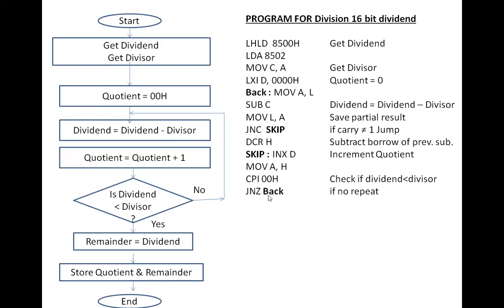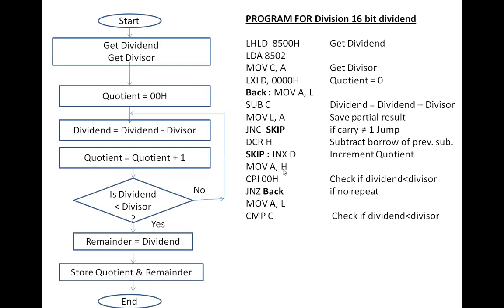But if the zero flag is set, we copy the content of the L register into the accumulator, and we check whether this lower order content placed in the accumulator has become less than the divisor.